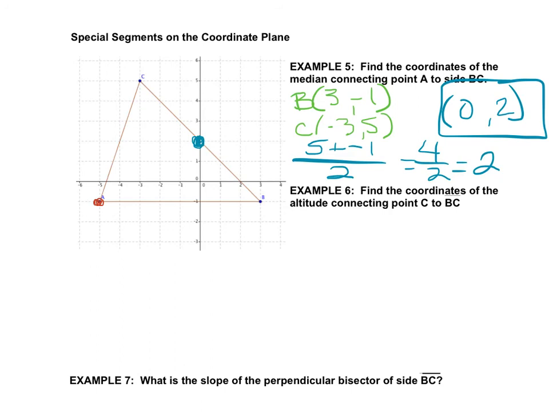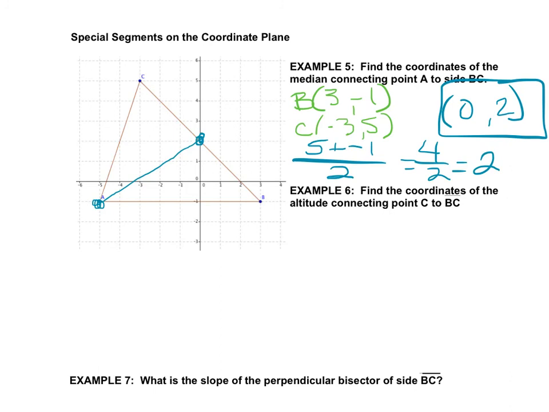Now if I were to draw the segment between those points, that would be the median from A to BC.